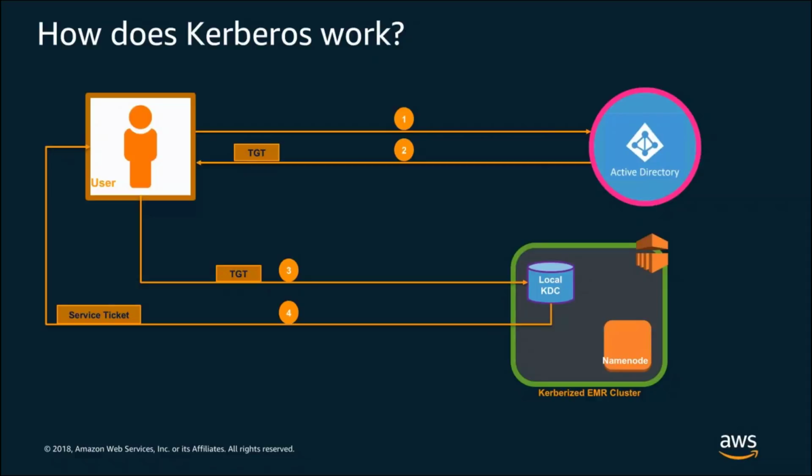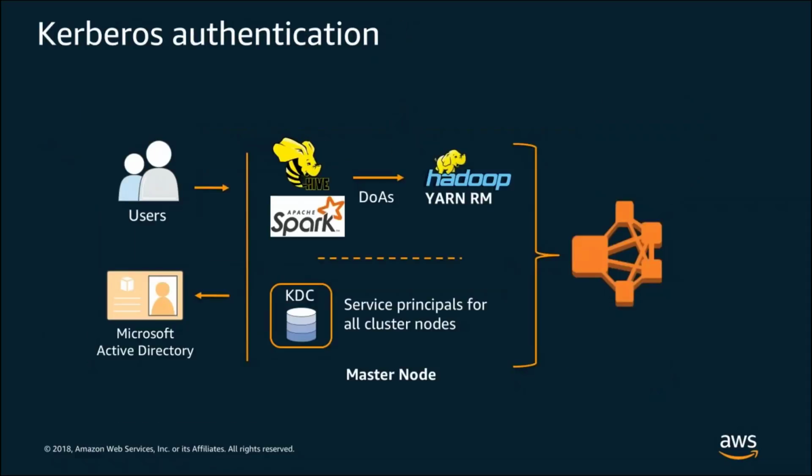If the principal is found, the KDC creates a TGT, which is encrypted using the user's key and returned to that user. The client machine then decrypts the TGT using the same user's key. Now, one thing to note here is that the user's key is only used on the client machine and is not sent over the network.